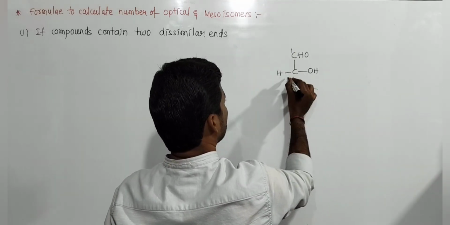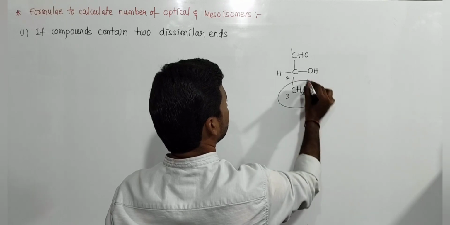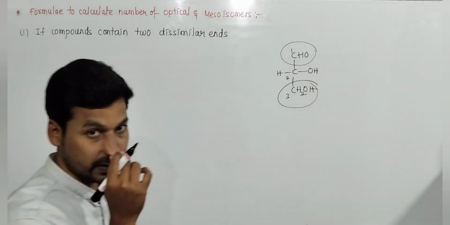How many carbons? 1, 2, 3. The terminals are not the same. One is CHO, the other is CH2OH.